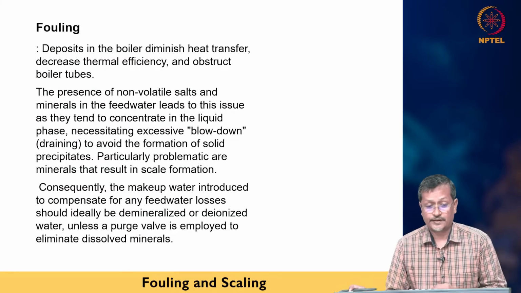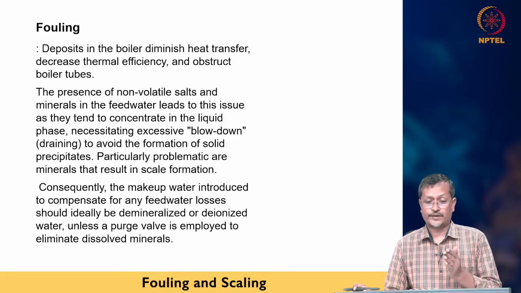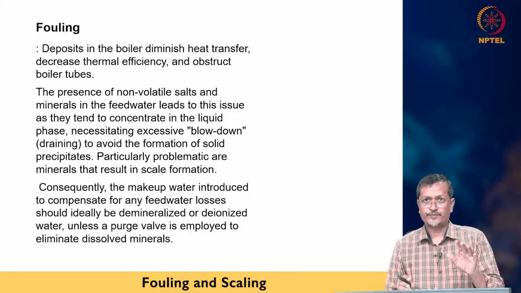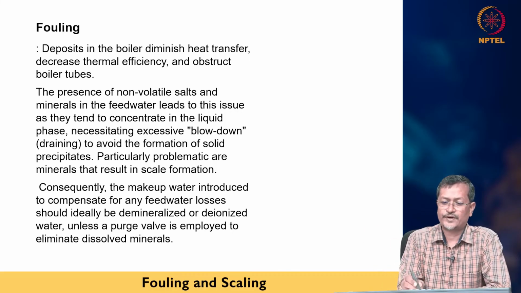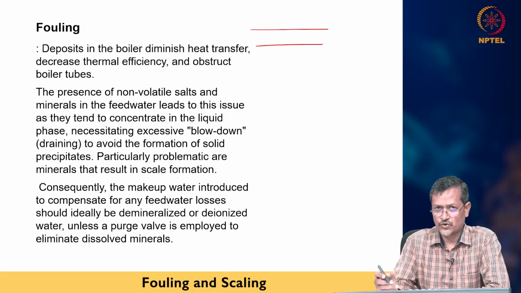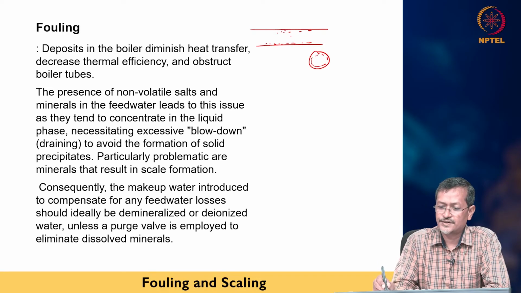I already told that boiler feed water or makeup water must be cleaned properly. When you are cleaning, no salt, no debris, nothing should be there. It will be pure H2O. Fouling deposits in the boiler diminish heat transfer. If you have lots of salts or debris, they will be deposited inside the tube, and finally the tube will get blocked.